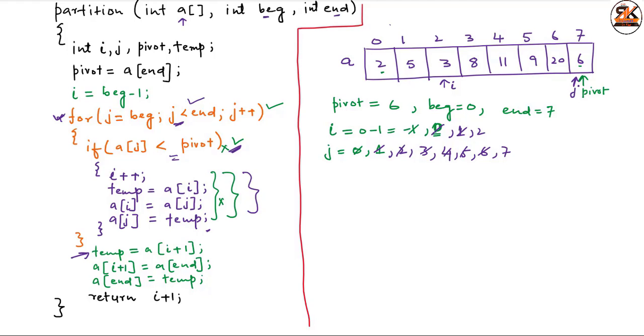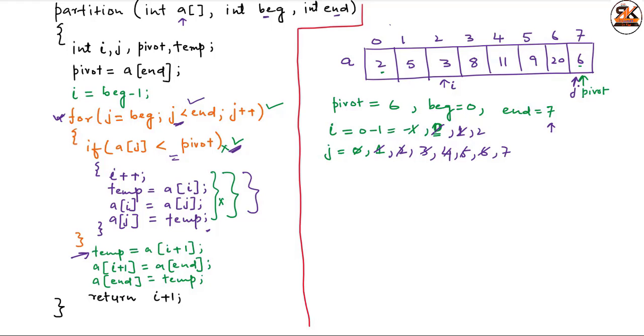Now we are here exchanging the contents which are pointed by a of end. What is end? End is having value 7. A of 7 is 6. We have to exchange the contents of a of end, that is 6, with the a of i plus 1 location.